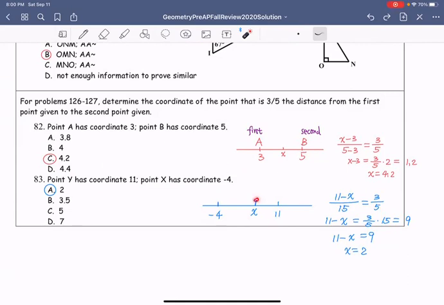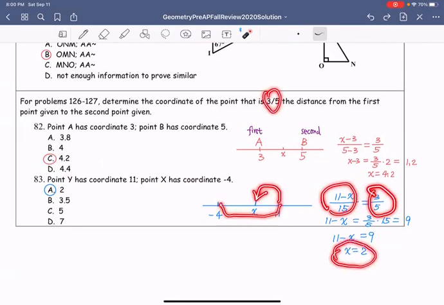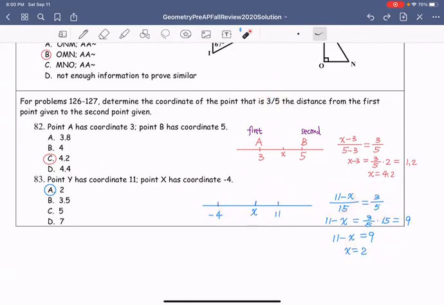So what you do? You use the point on the right minus the point on the left. So you use this minus this divided by the total distance equals this. Correct? And then you can find your x. Okay. Does this make sense?